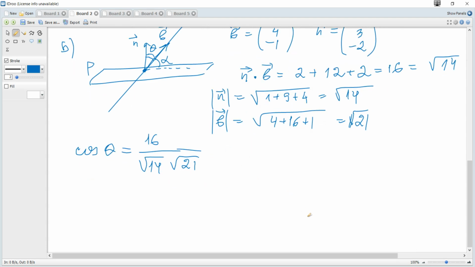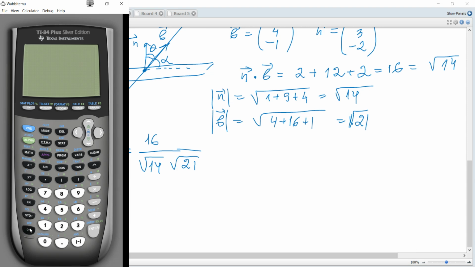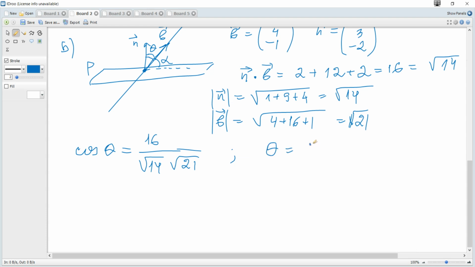So just using a calculator, 16 divided by square root of 14 multiplied by 21, and then inverse cosine of the answer, in degrees, it may be in radians, it doesn't matter, 21.1, so theta is 21.1 degrees to three significant figures.